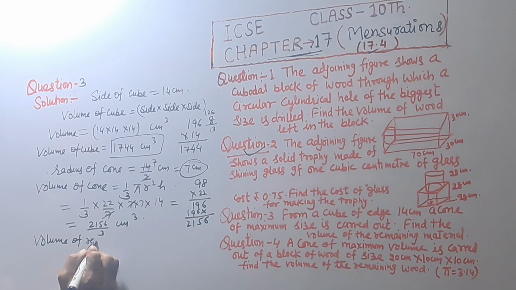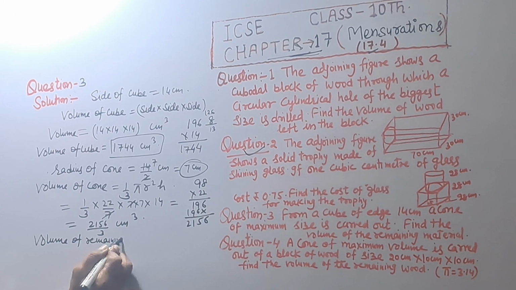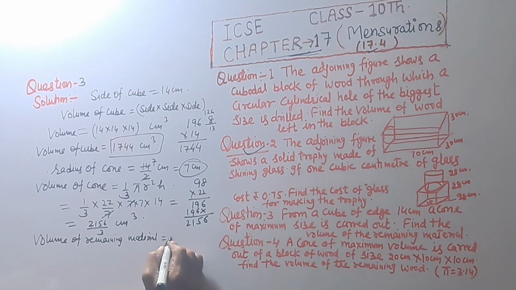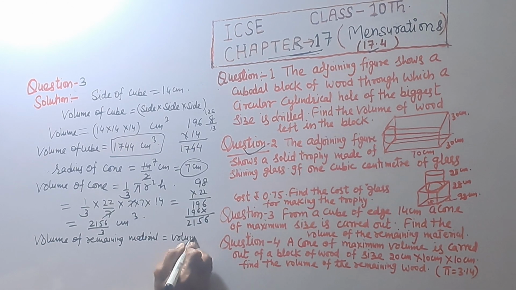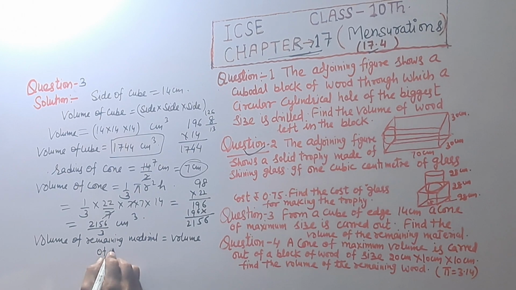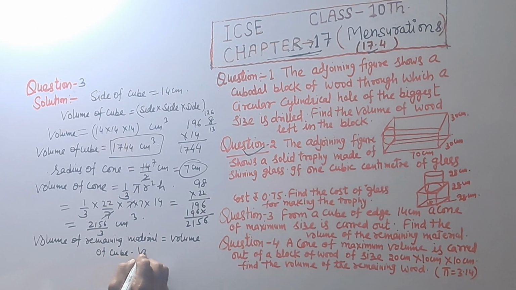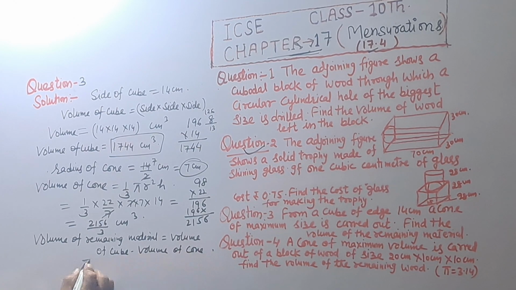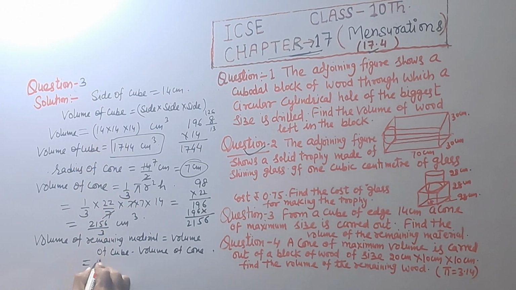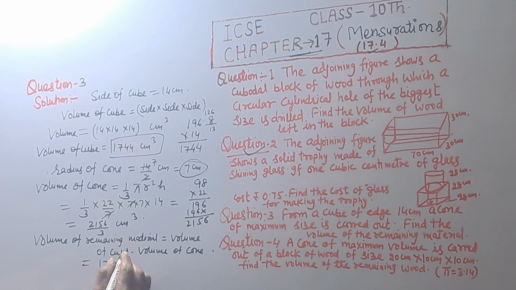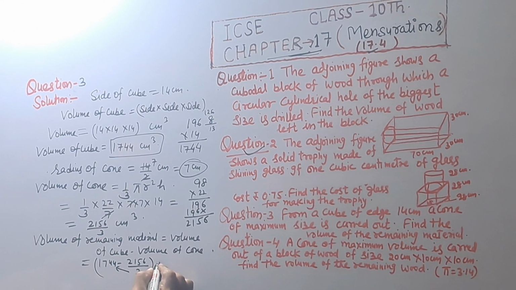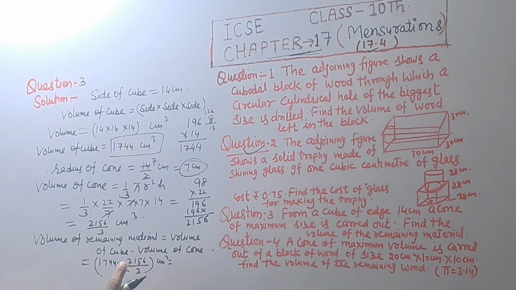Volume of remaining material is equal to volume of cube minus volume of cone, that is equal to 1744 minus 2156 upon 3, multiplied by the left side, in centimeter cube.